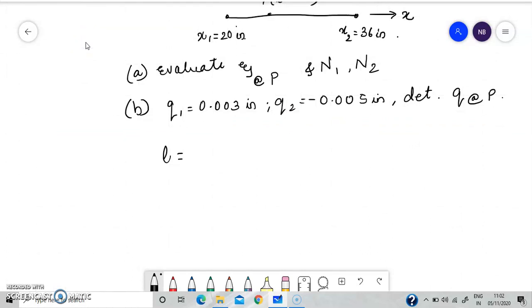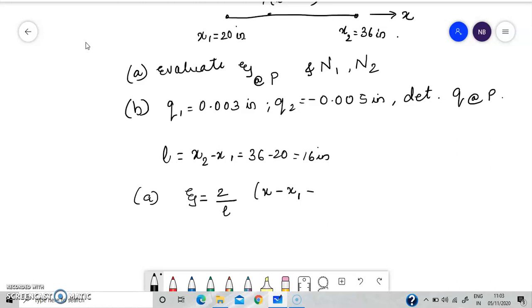The length of this bar element can be given as x2 minus x1. So it is 36 minus 20, which is 16 inches. For part A, we need to find out the value of zeta. Zeta in terms of x is given as 2 by L, x minus x1 minus L by 2. Substituting the values of L, x, x1, we get zeta as minus 0.5.